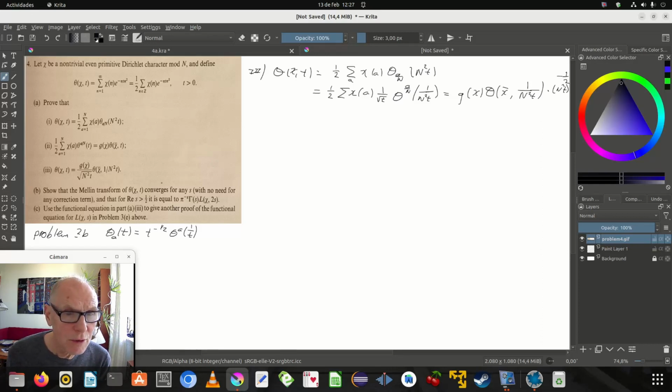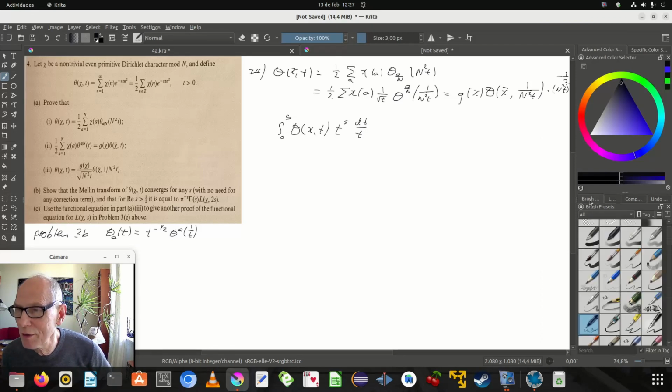The Mellin transform converges for any s with no need for any correction term. So we should just be able to write like this. This is my special infinity sign.